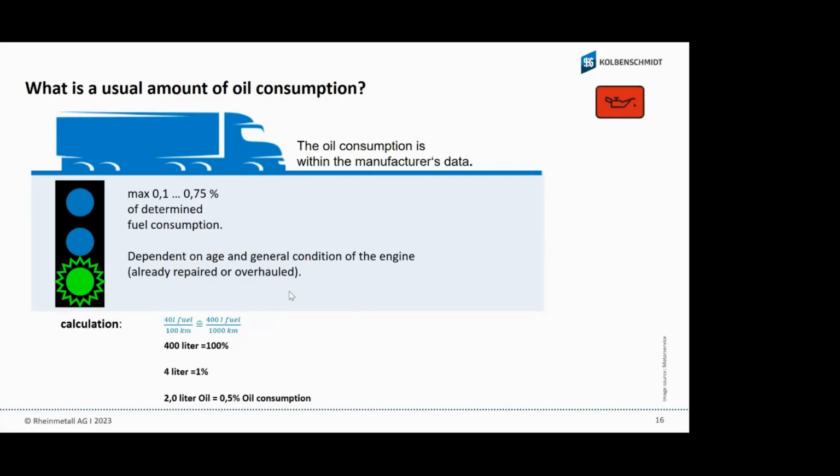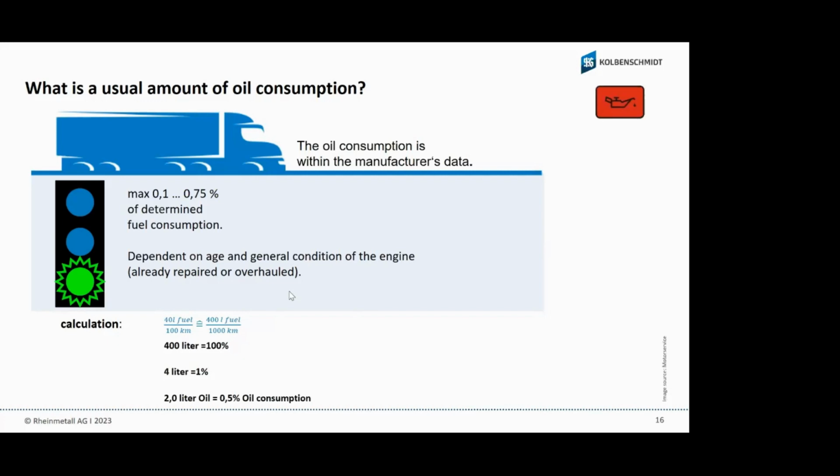A bus in the city needs much more fuel than a truck on the highway. But we say 40 liters. That means 40 liters is 100%, 4 liters is 1%, and 0.5% oil consumption is 2 liters of oil relative to the fuel. And this is also a lot of oil.